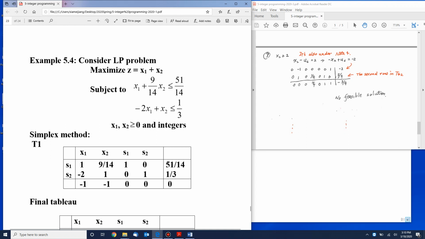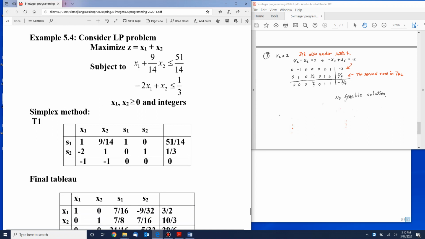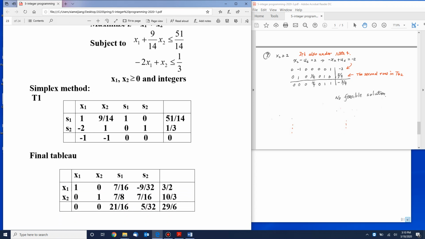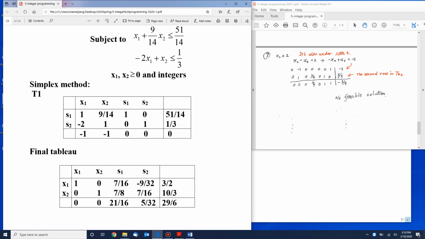Now first we use the simplex method to find the optimal solution for x1, x2 greater than or equal to 0, and note that x1 and x2 both are non-integers. Here the optimal solution is z equals 29 over 6 at x1 equals 3 over 2, x2 equals 10 over 3.